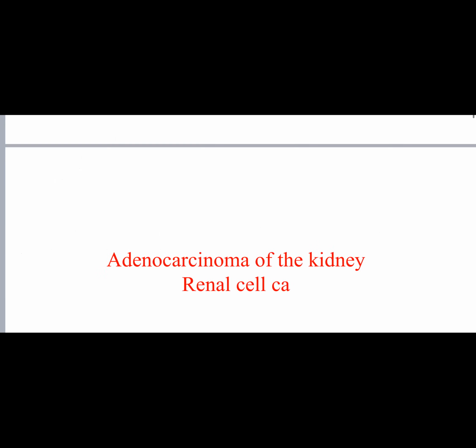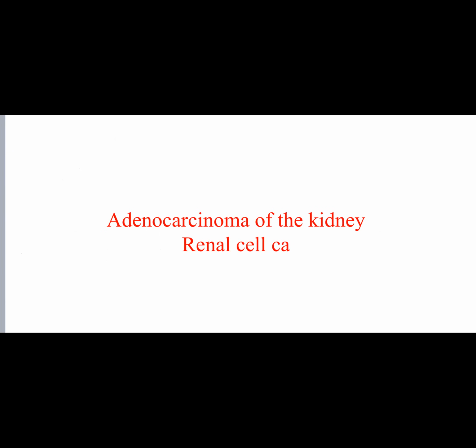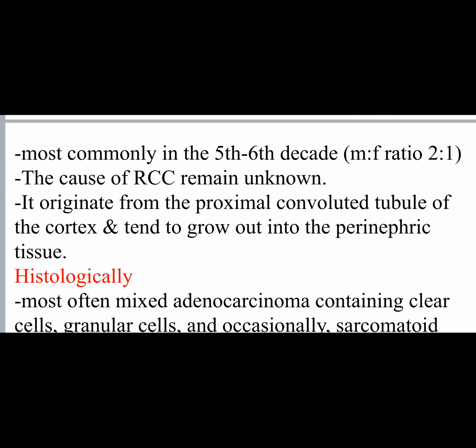Now we'll go to the malignant renal parenchymal tumor. That is the adenocarcinoma of the kidney, or renal cell carcinoma, clear cell carcinoma. It is most common in the 5th to 6th decade, with a male-to-female ratio of 2:1.